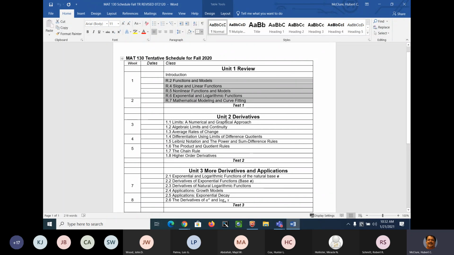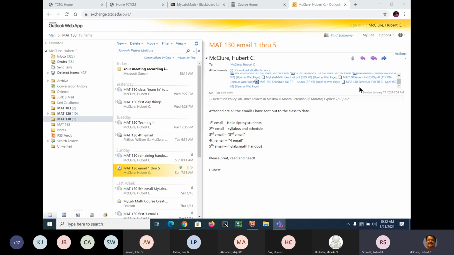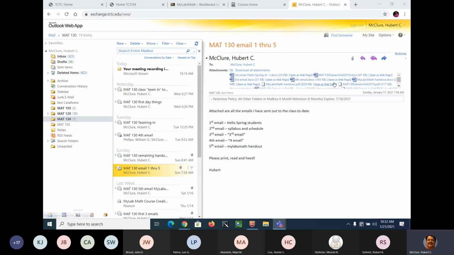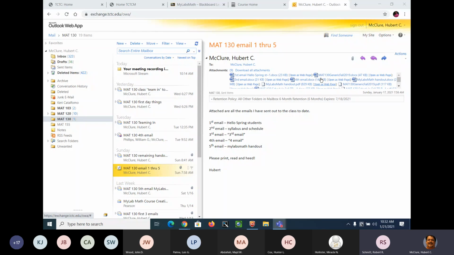The second most important page is the academic calendar. Now, you do not need, well, where is the academic calendar? It's not on here. Let me go find it.